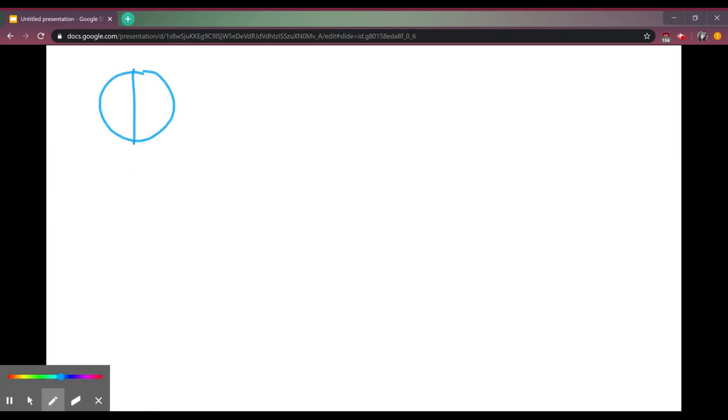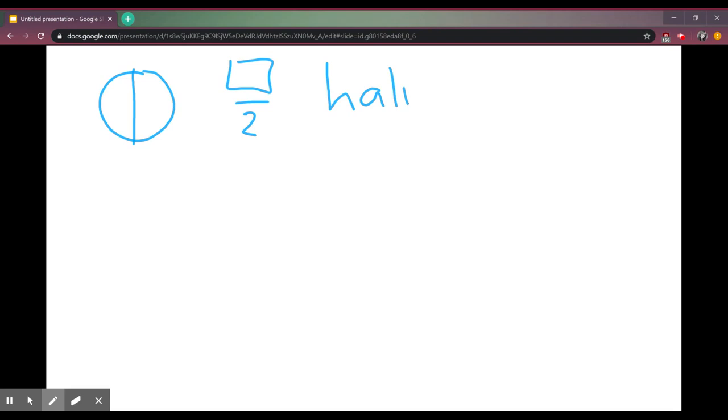Okay, if you have a circle that's broken into two pieces, your bottom number will be 2, and your top number will be whatever, and you read that as halves or half. So if we had 1 colored in out of 2, you would say 1 half.